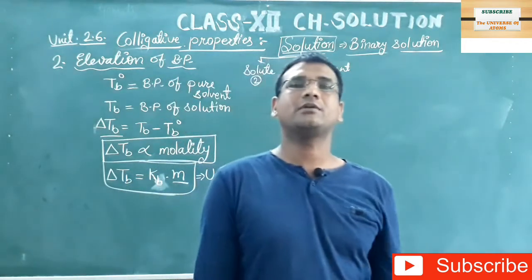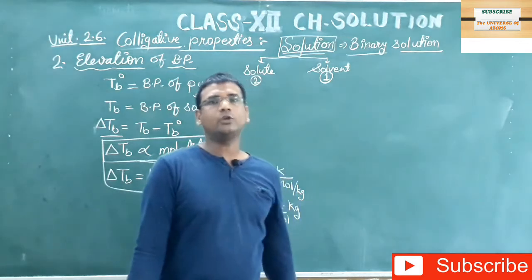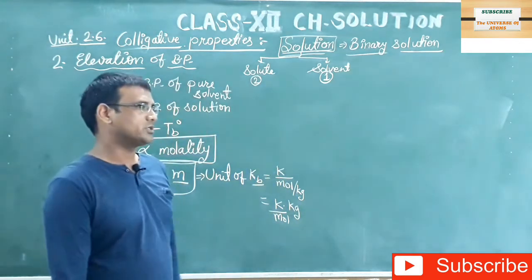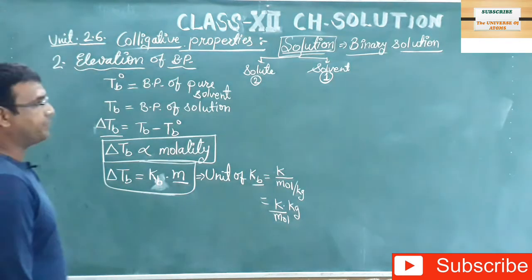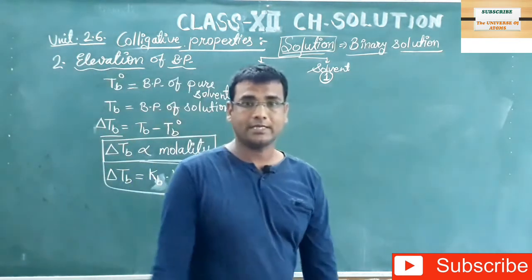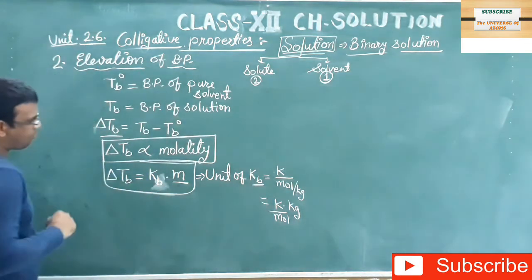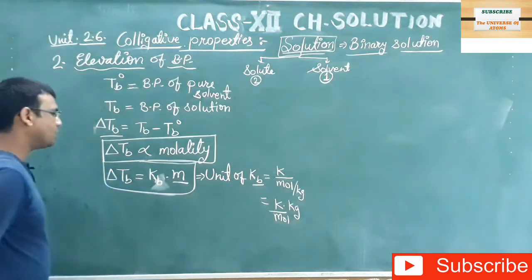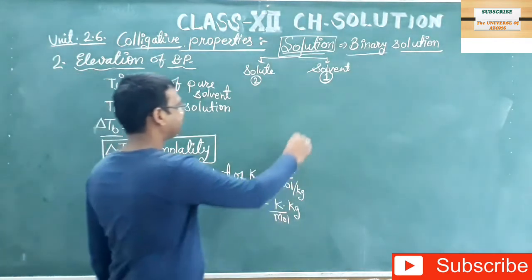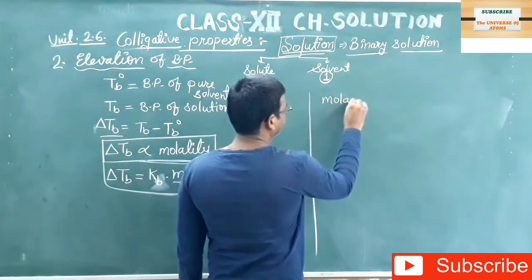In the exam, if any numerical question is given, the value of Kb will be given in that question, so don't worry about it. I am especially talking about the CBSE exam. Next, simply this molality can also be written in this way. How do we define molality?